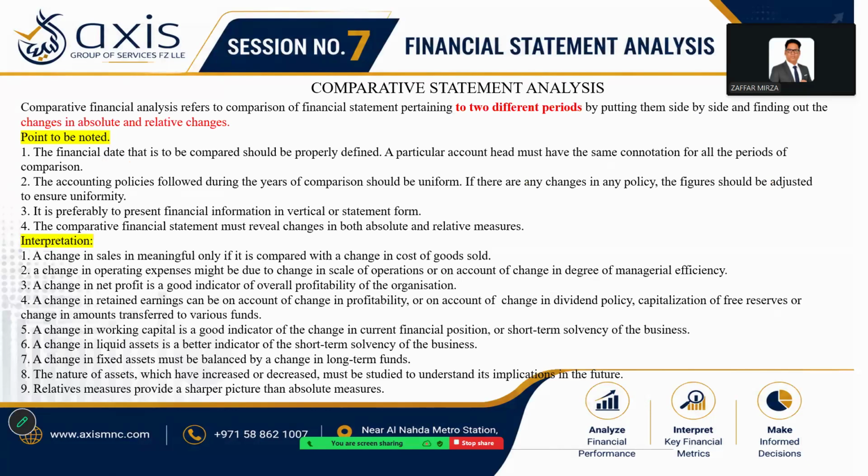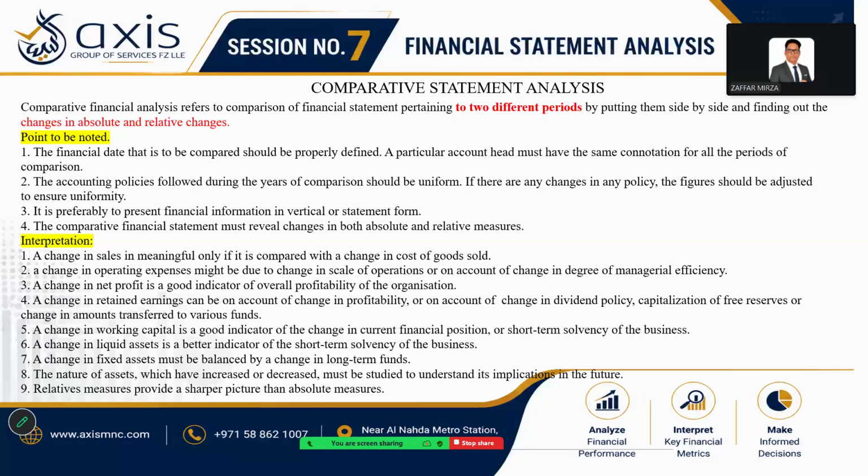Now we understood what to interpret. How many interpretations are there? 9. After learning, this is the 9 only. There is no more than this. Only these interpretations will come in CMA examination questions.